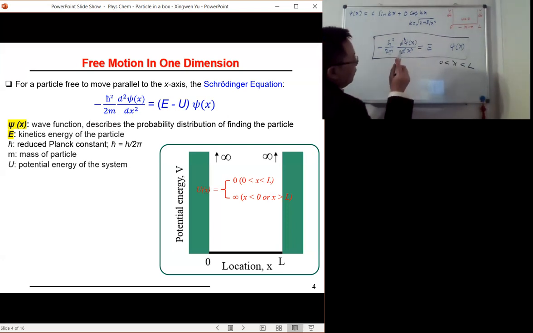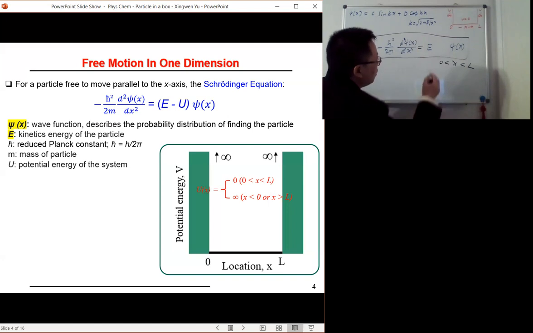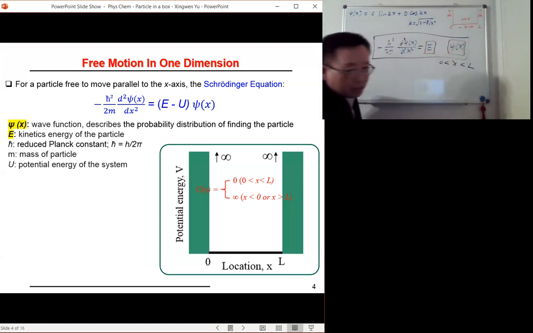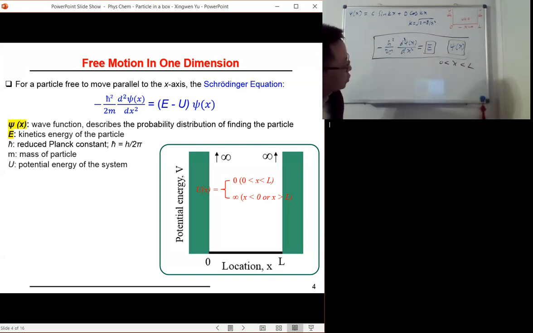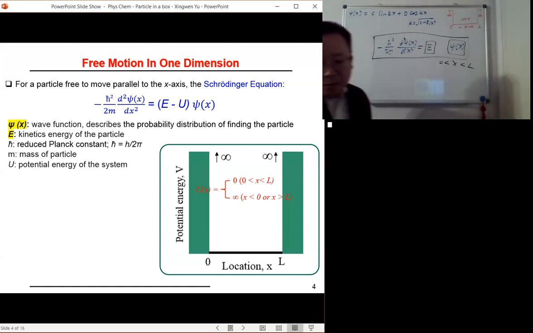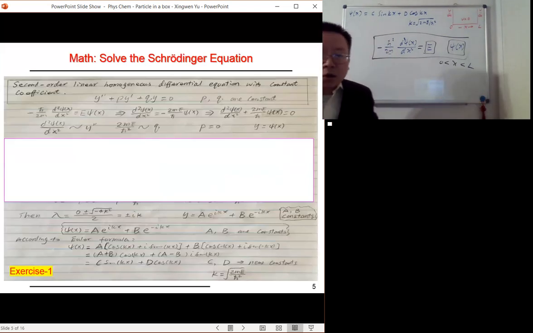With this equation, we are going to apply the boundary condition to solve for the energy and the wave function. So how to solve this equation? It needs some special mathematical techniques.